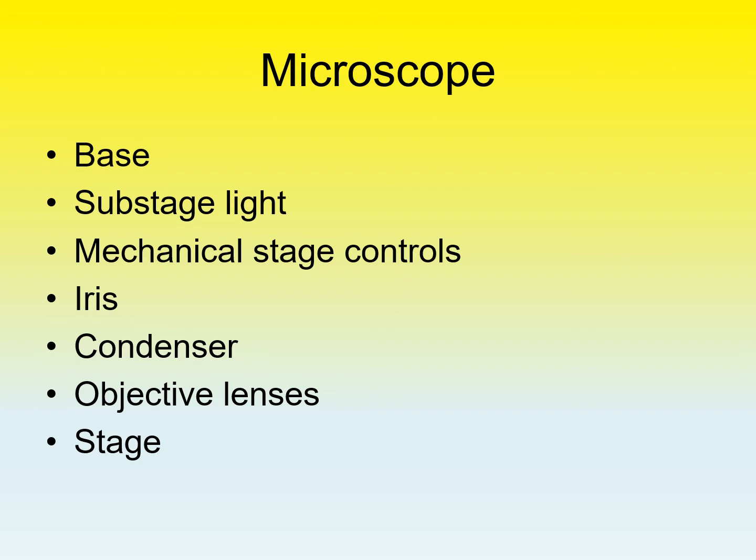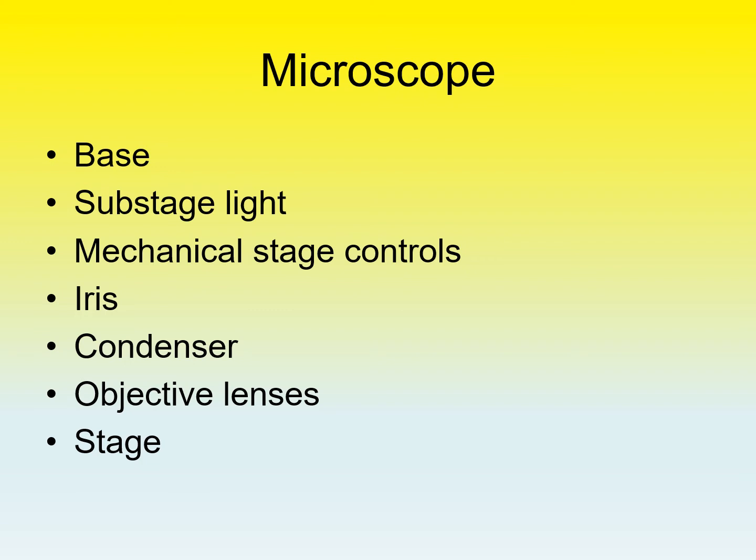You have all of your controls for your stage, such as being able to move not the entire platform, but the slide left to right and front to back. You have the iris and the condenser. These are helping to concentrate the light through the specimen and also controlling the amount of light that's coming through.